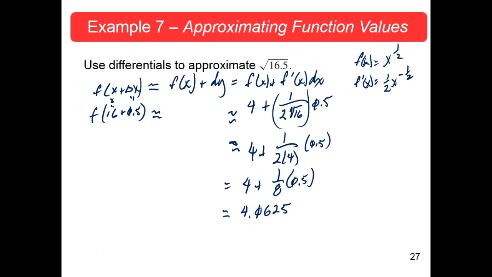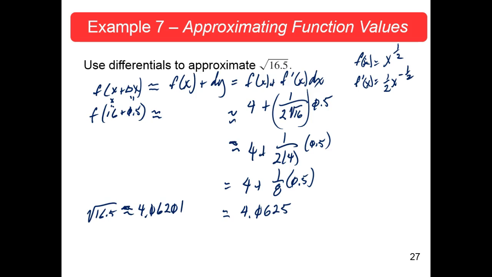Okay. Now, while you got your calculator out there, take the square root of 16.5. And this is also going to be approximate. 4.06201. Not bad, is it? Okay.